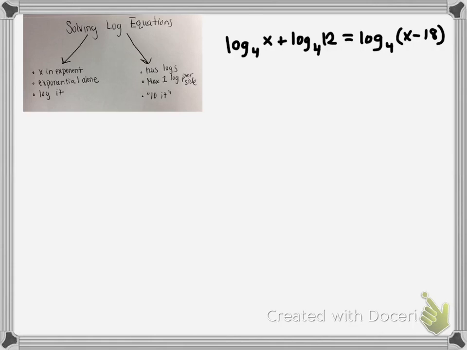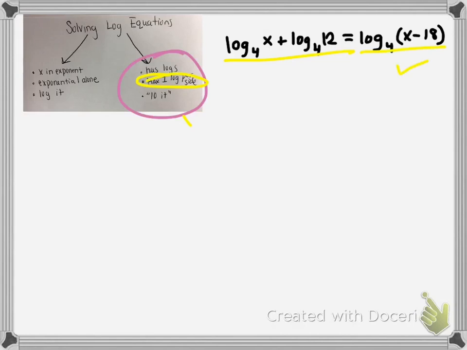Okay, our next one, we look and we say, does it have x in the exponential? No. Does it have logs? Yes. So this time we are on the side where we have logs. And so we look and it says the first thing that we should do is we should have a maximum of 1 log on each side. Well, that's a problem because I've got 2 here, although I only have 1 here, so this one is good.